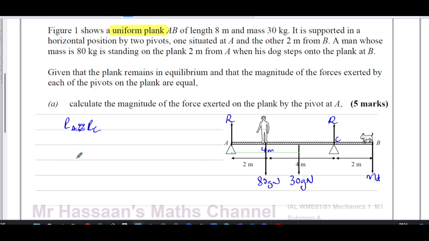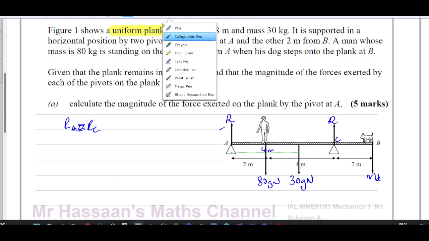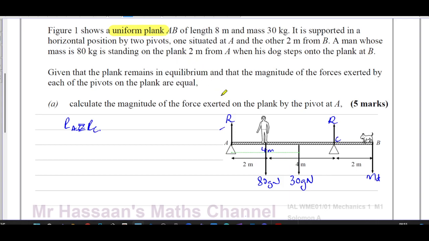So we want to find the reaction force at A, which is going to be the same as the reaction force at C. Now, for us to do this, we know that it's in equilibrium, meaning that all the forces are balanced out. It also means that the clockwise moments and the anti-clockwise moments are equal.